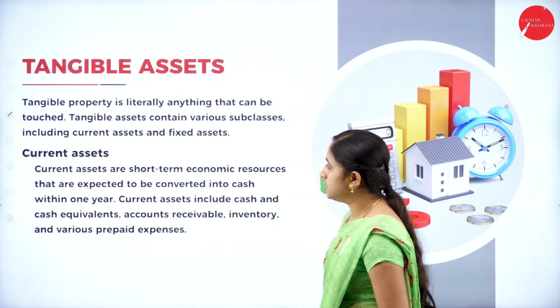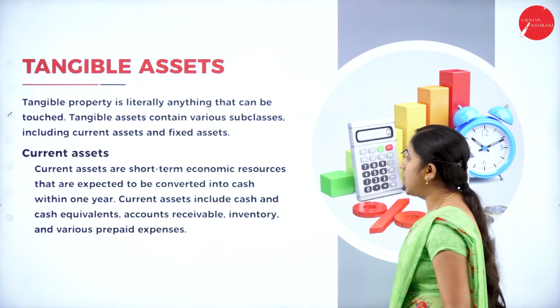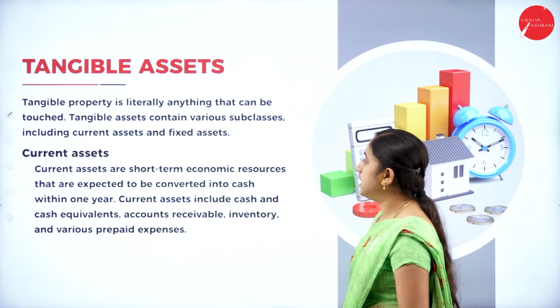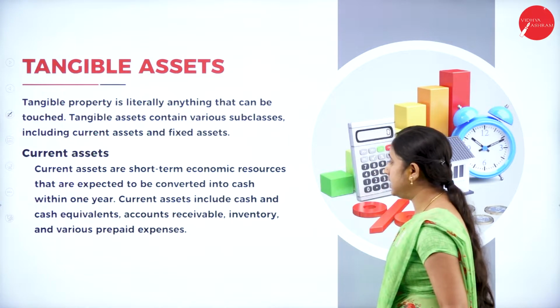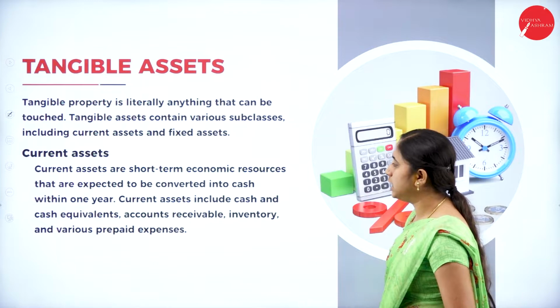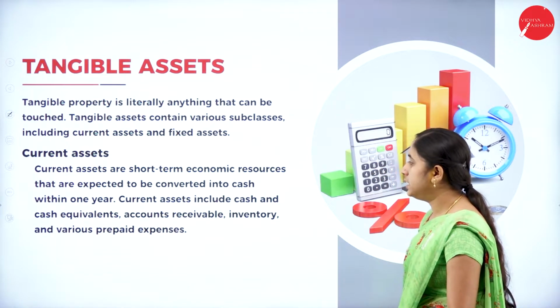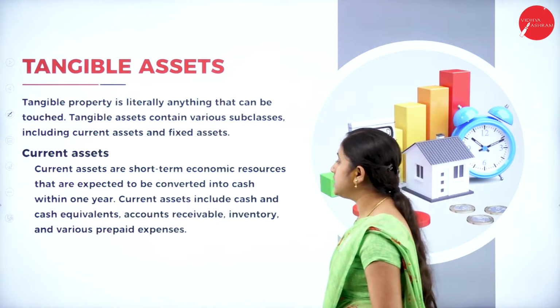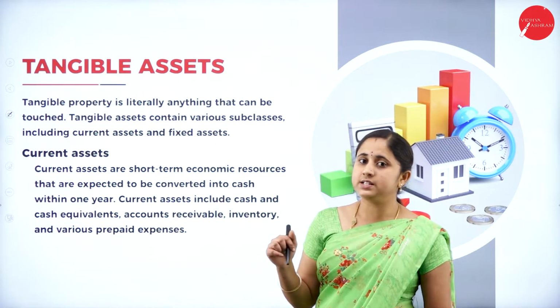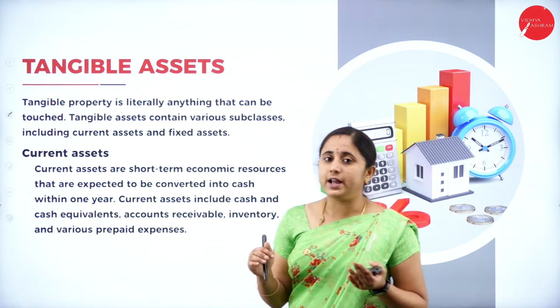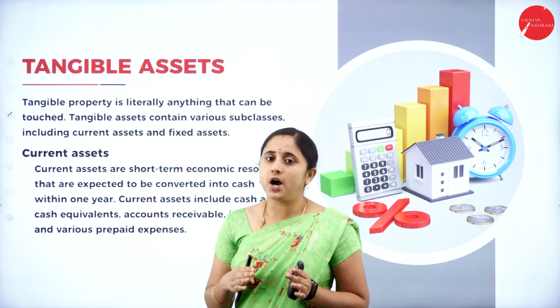What is a current asset? Current assets are short-term economic resources that are expected to be converted into cash within 1 year. Current assets include cash and cash equivalents, accounts receivable, inventories and various prepaid expenses. That means current assets are economic value which you are using for a short term period.